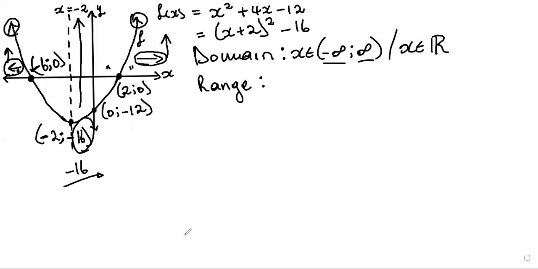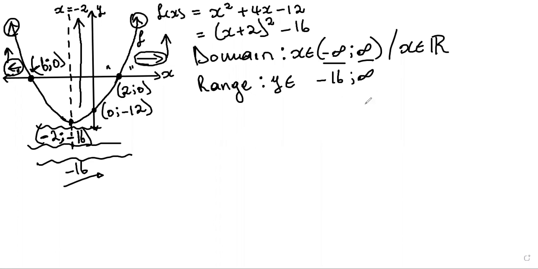Because if you have a nice look here, you can see that below negative 16, your function is not there. We don't have a function here. So it means the function is undefined at any point that is less than negative 16. So it means your function is going to start at negative 16, then it's going to end at positive infinity.